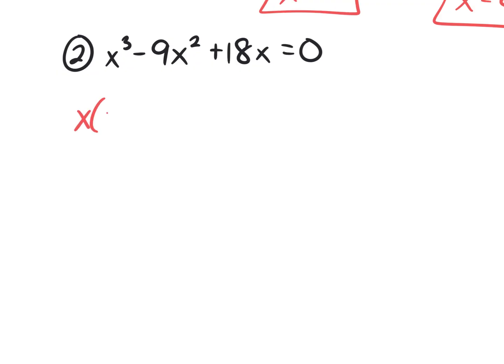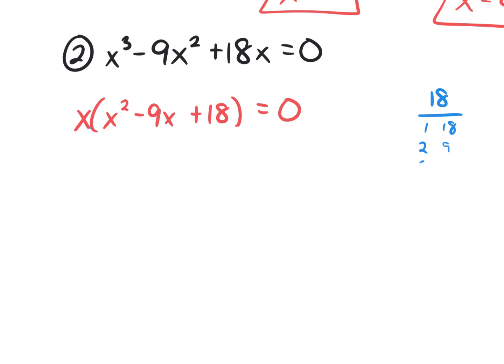An x. If I take out an x, I have x squared minus 9x plus 18 equals 0. What do I need to watch out for next? Can we factor this further? Yes. So what are some factors of 18? 1 and 18, 2 and 9, 3 and 6.